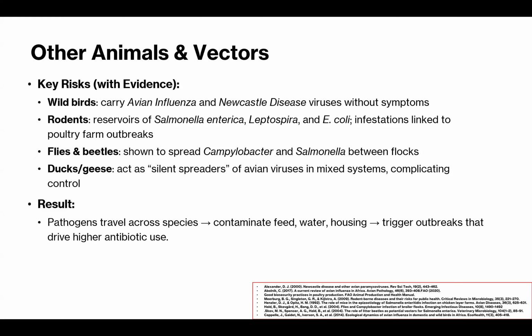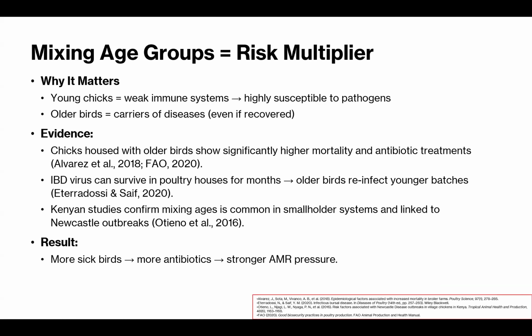So when all these animal vectors exist within your environment, they allow pathogens to transfer across species, contaminate feed and water, even the housing, and trigger outbreaks that drive higher antibiotic use. It's very self-explanatory. I try to make these slides very simplistic so that if you intend to go through them, you don't need more information than what you read from this reading material.